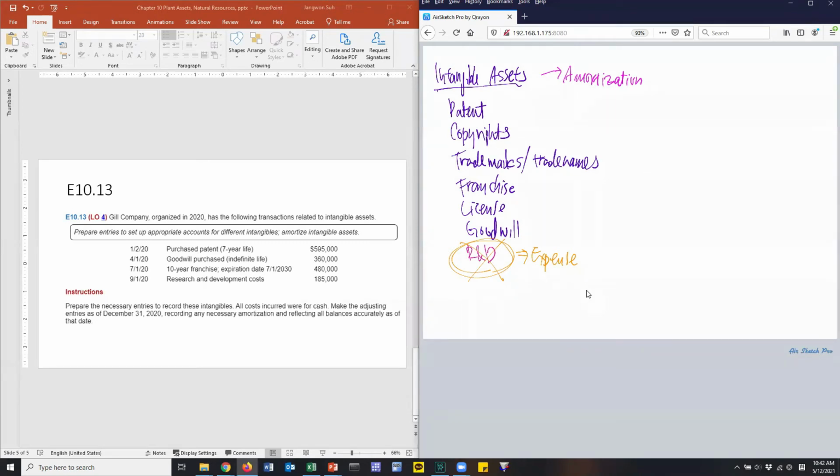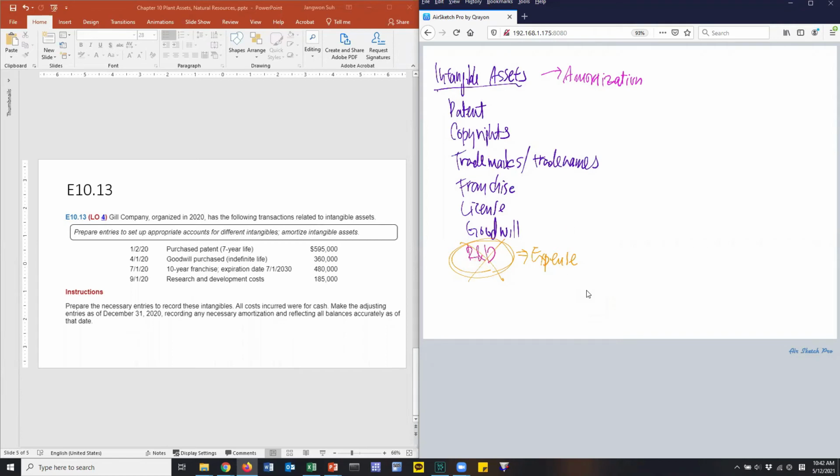You can fail. Not all R&Ds turn out to be valuable. Sometimes you are not as successful as expected. Because of this high level of uncertainty, the US accounting standards state that you should not capitalize R&D as intangible assets. You should expense them as soon as they are incurred.